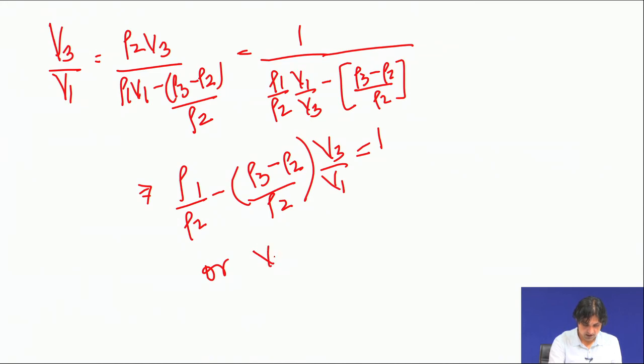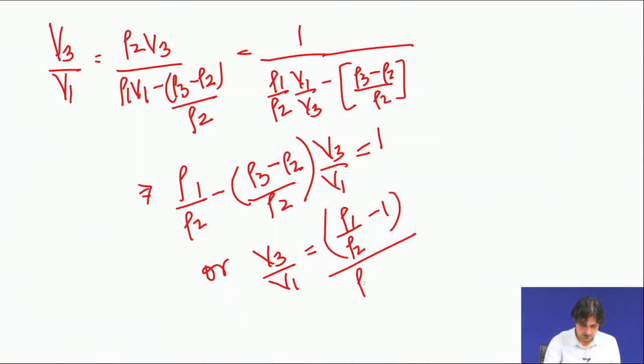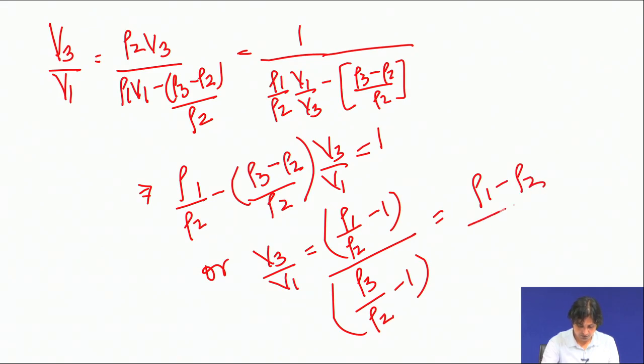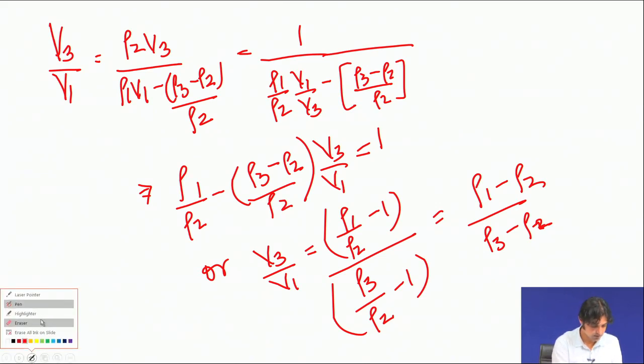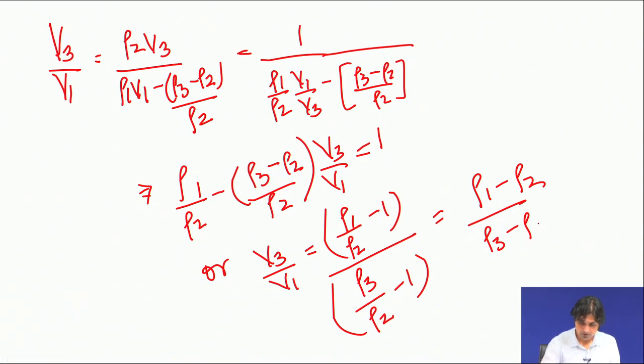Or you simplify, then V3 by V1 comes out to be rho 1 by rho 2 minus 1 divided by rho 3 minus rho 2 by rho 2, or rho 1 minus rho 2 divided by rho 3 minus rho 2. And this was what was asked in the derivation.